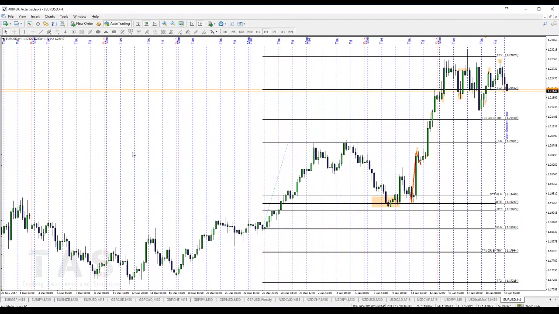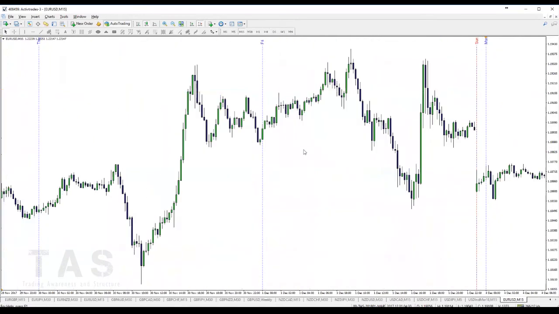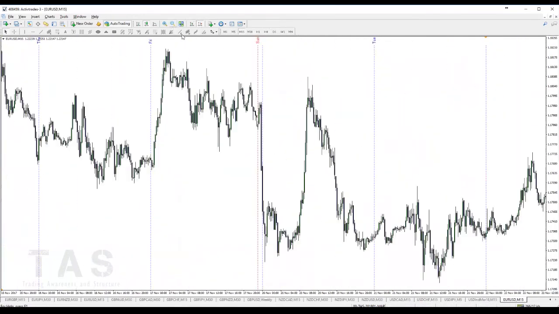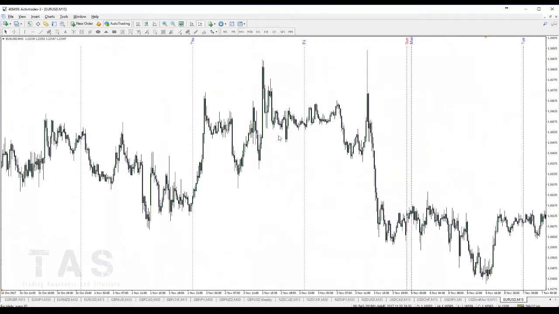You had a break of structure there. This was the candle that started the break in structure. It went all the way up, came down to the optimal trade.